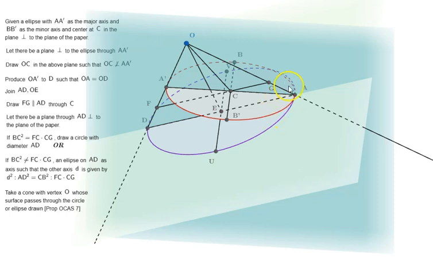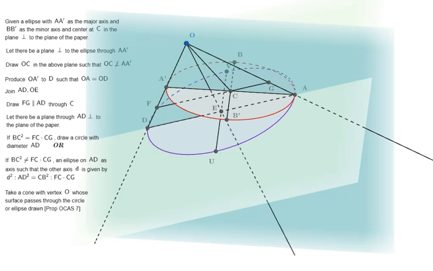So now we construct a circle so that, on that circle, if we draw a cone to O, any points on these two ellipses will be on the surface of that cone. And because OE is perpendicular to AD, we can do it because we have seen it in our previous proposition.